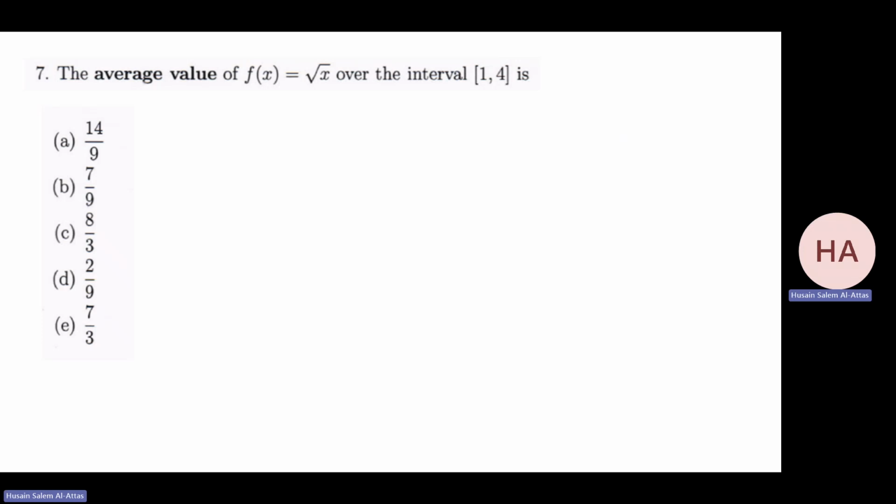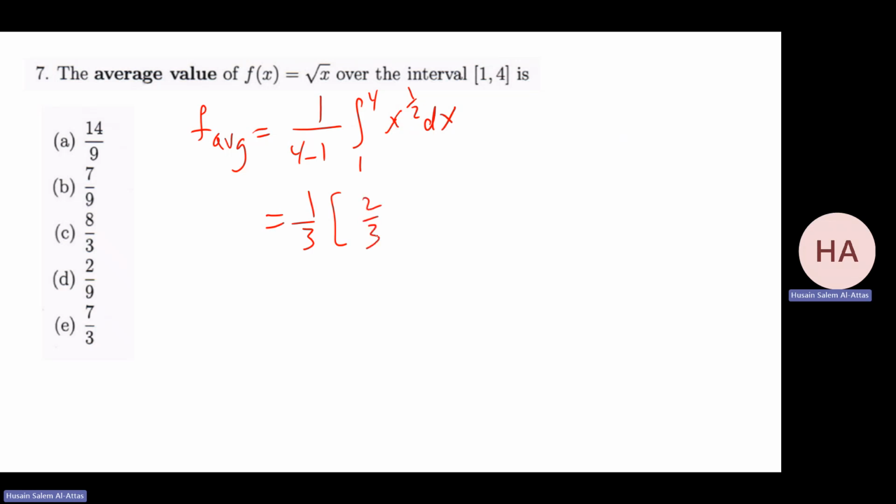I think we are almost done. We have only a few problems, 1 or 2. I think we have only 2. The average value is 1 over 4 minus 1, integral from 1 to 4 of x to the power half, which is square root of x. Just to make it easier, 1 over 3, you add 1, 2 over 3, x to the power 3 over 2, from 1 to 4.